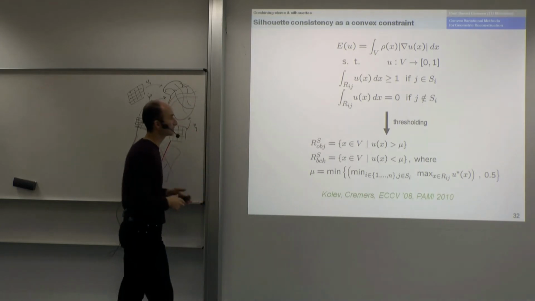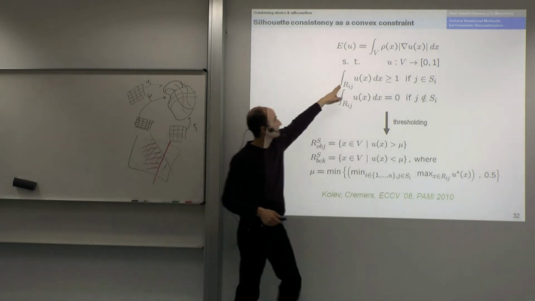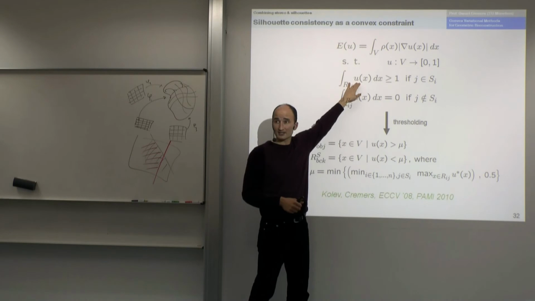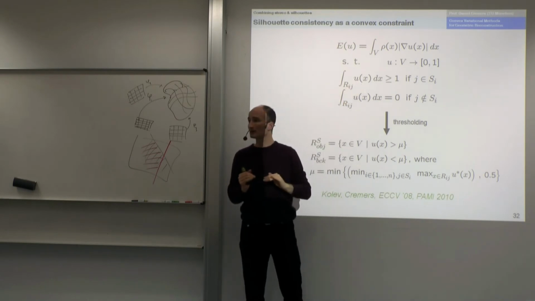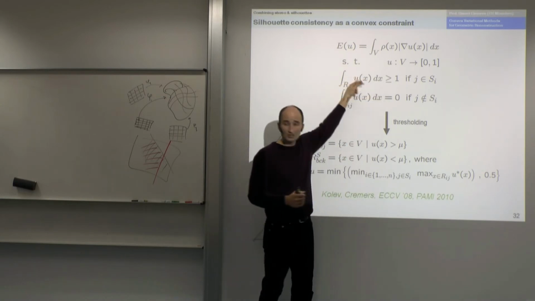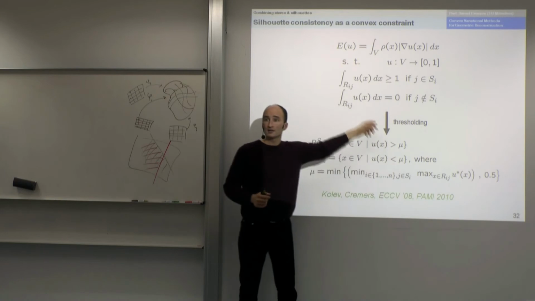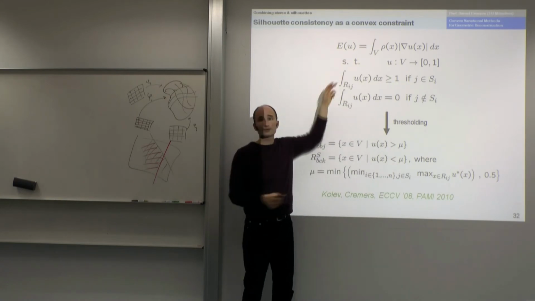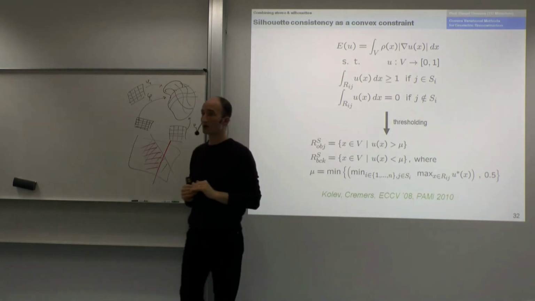Right? The problem is, of course, the integral may be larger than 1 here, but once I binarize all u's, it may be that they're all 0, right? Maybe each of them is just below the threshold mu, then although the integral is consistent with the constraint, the thresholded version is no longer.